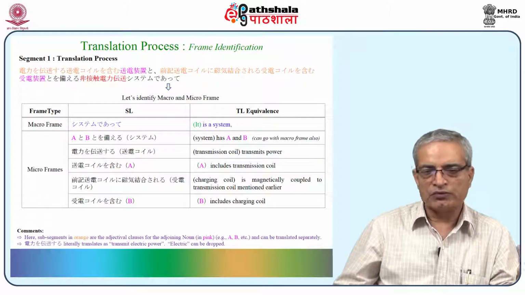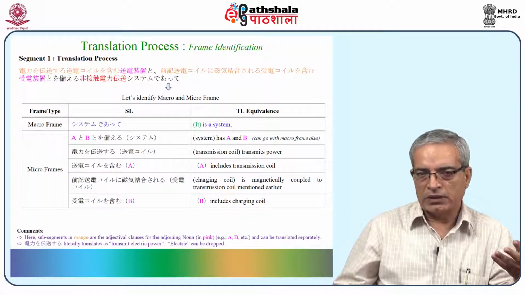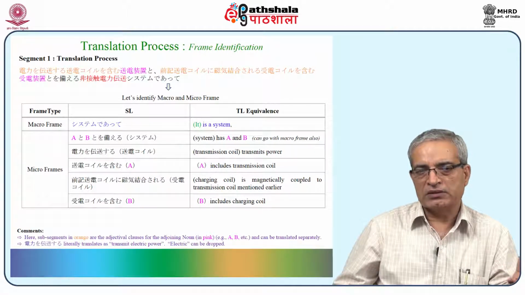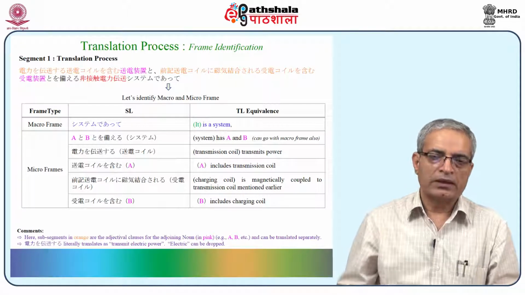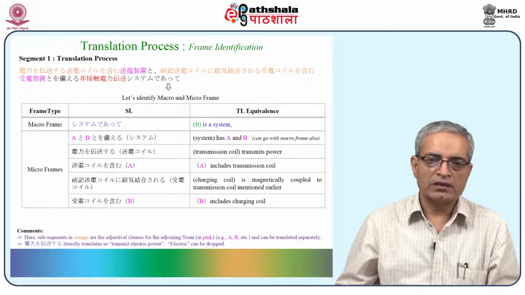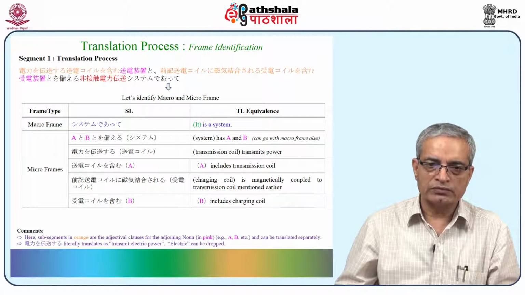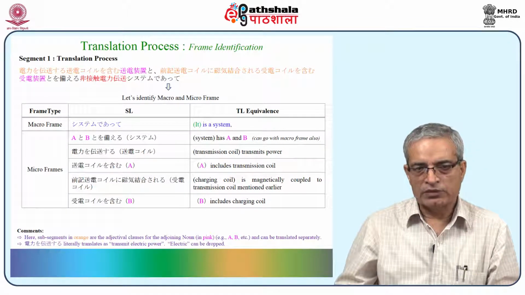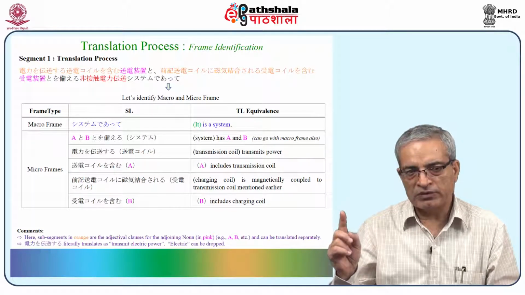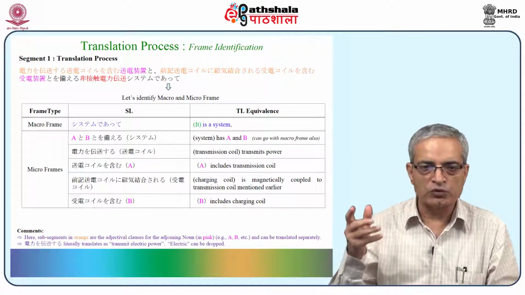It depends upon you. If you can understand the combination, then A to B o sonairu system de atte can be taken as one macro frame, and other micro frames are denryoku o denso suru, and then so den koiru o fukumu. If you see, there are some components taken from the previous one to basically improve your comprehension.